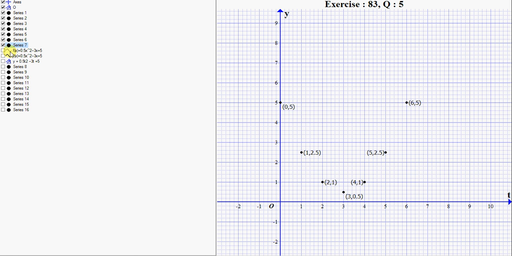Now we will draw dotted lines through these points. We will draw a smooth line, and initially you can draw a line lighter in color, and then finally we will draw a dark line. So if we draw lighter dotted lines, it will be like this.